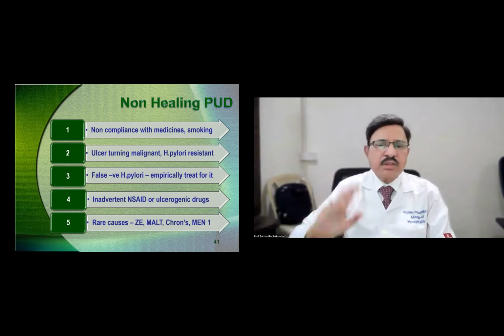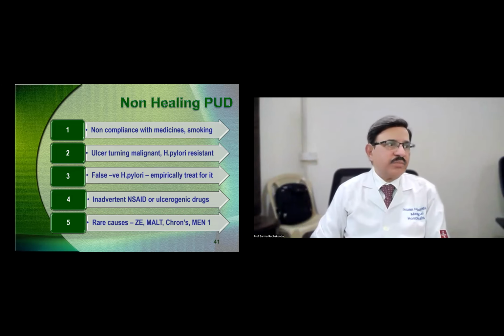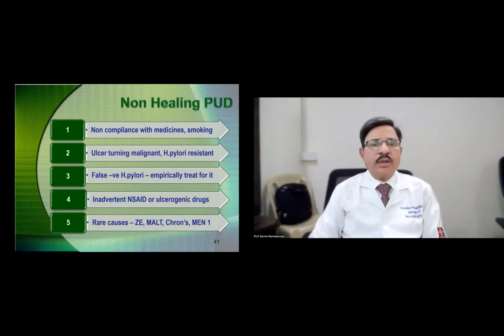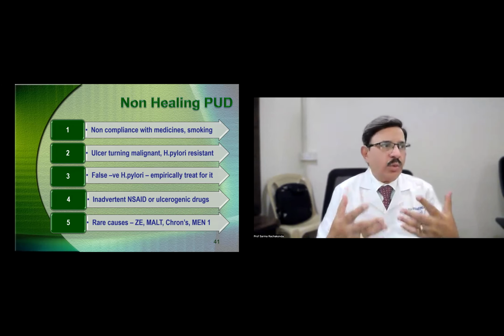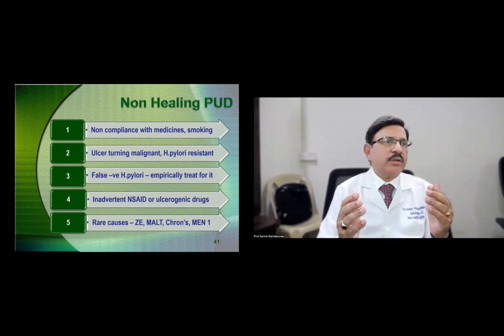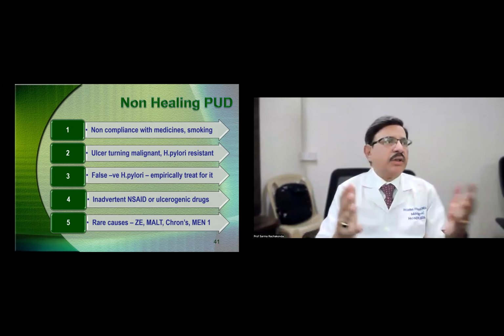This is a standard question, short notes question. Discuss the causes of non-healing peptic ulcer disease. Short notes. You have a patient who came with dyspepsia, you identified ulcer disease, you ruled out H. pylori, or you treated H. pylori, and you have given him full dose of PPIs for a required length of time, say for about 4 weeks or 8 weeks, and then still the ulcer is not healing.